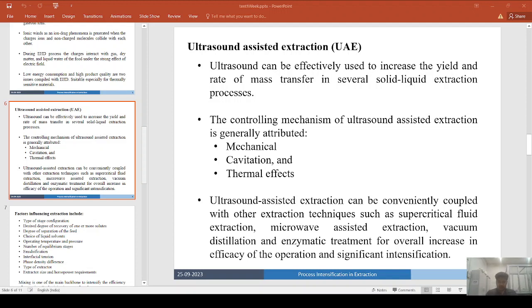Sonochemistry specifically involves cavitation induced by pressure fluctuation generated by ultrasound waves in a liquid medium. Now, ultrasound can be effectively used to increase the yield and rate of mass transfer in several solid liquid extraction processes.